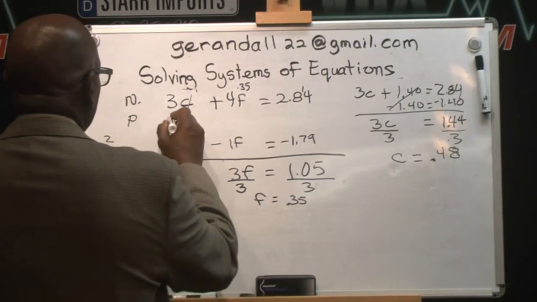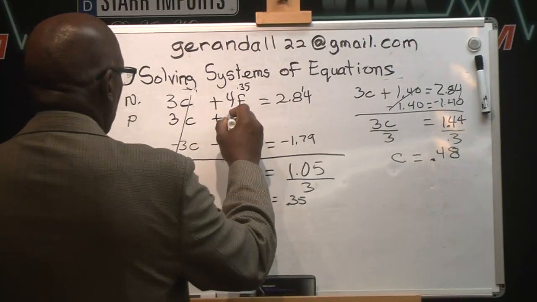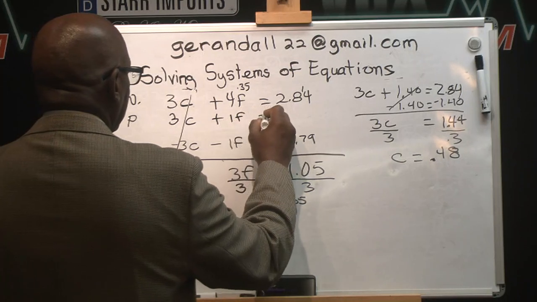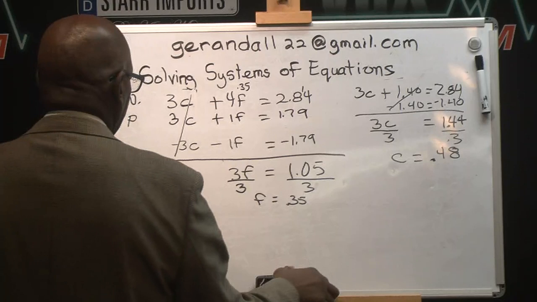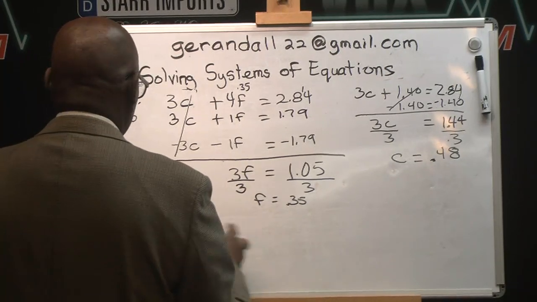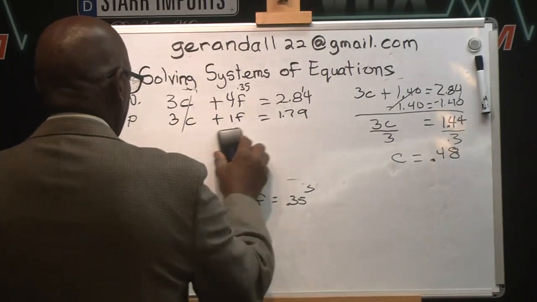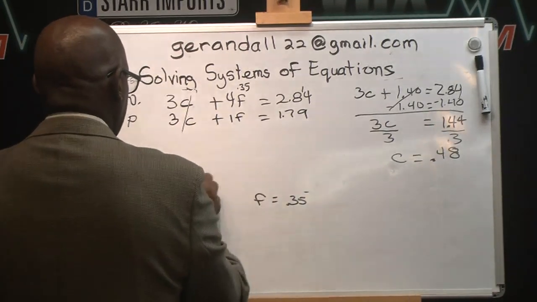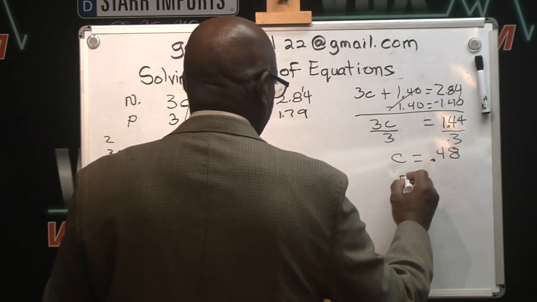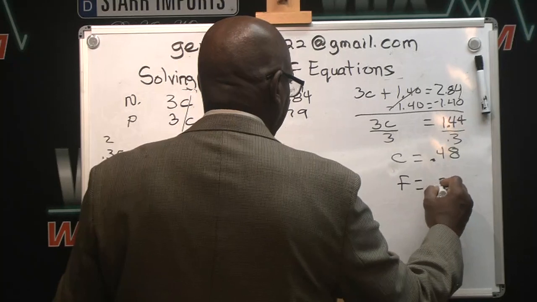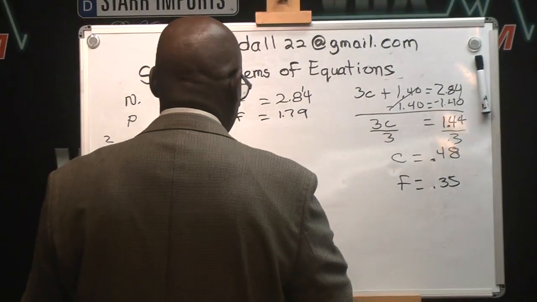I'll write that in. 3C plus 1F equals $1.79. We'll put our values over here. Fruit roll-up, 35 cents. Candy, 48 cents.